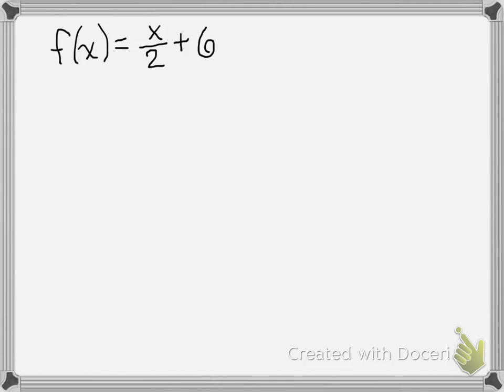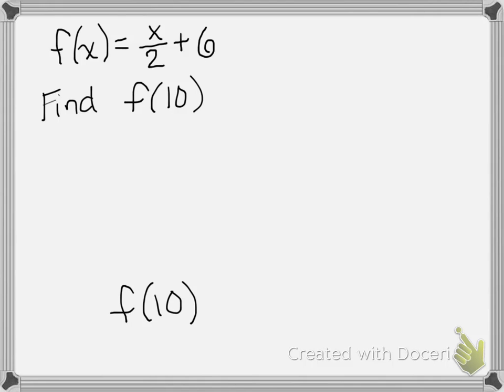So now you try one. They'll give you the function, and then they'll say find f of 10. You might want to pause it and try it yourself, and see if you can get your answer in function notation. What that means is your answer is going to look like this: f of 10 equals, and you're going to have some answer right here.